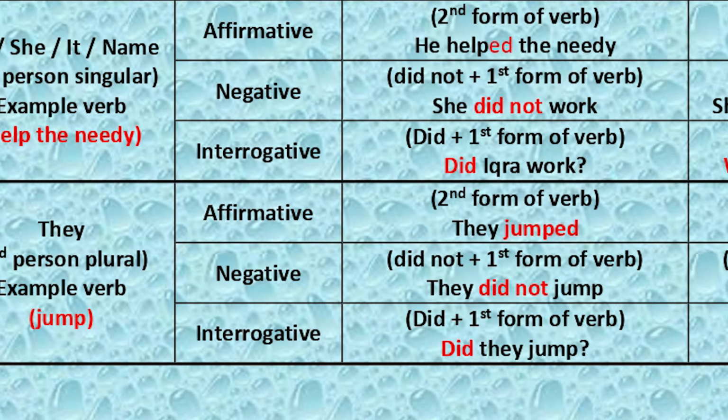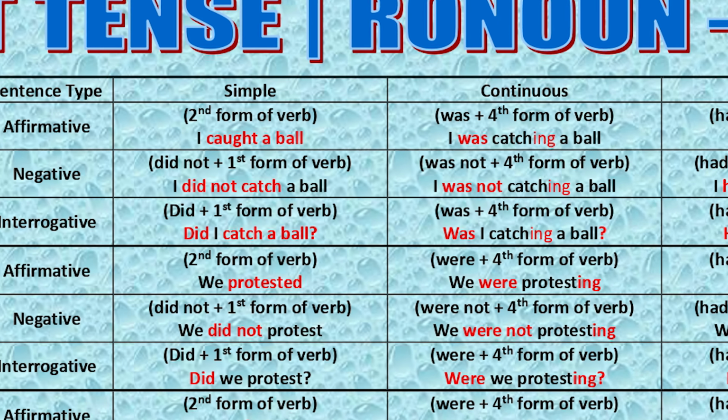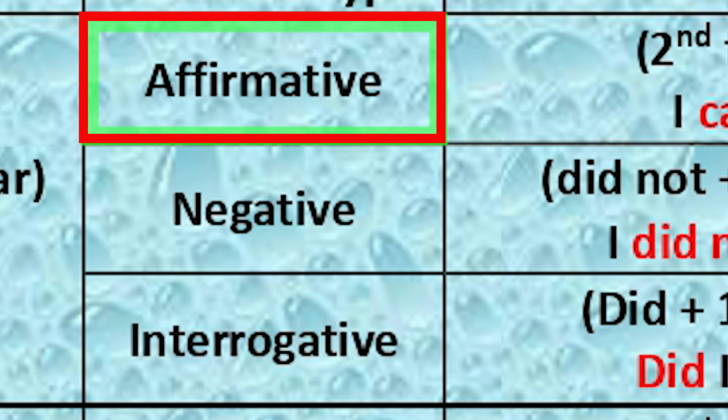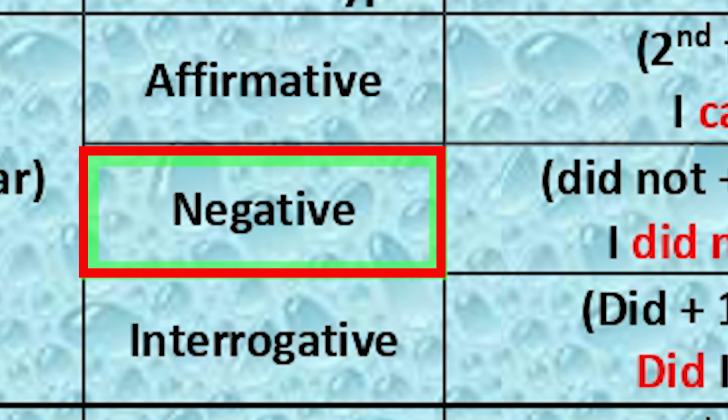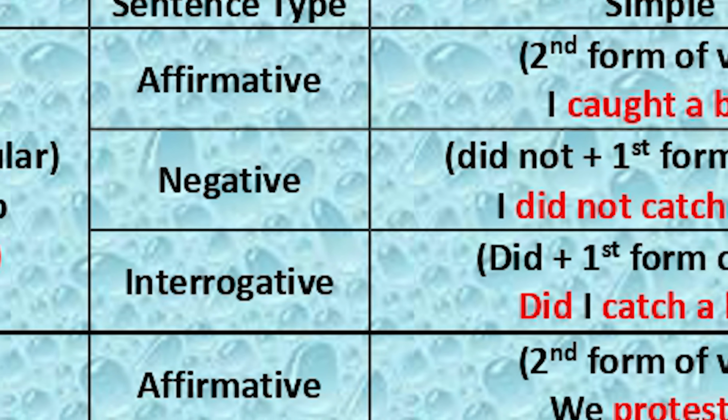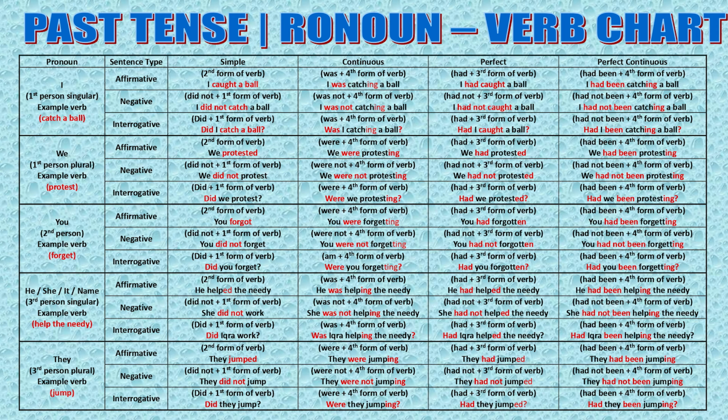My dear students, I will discuss here 3 kinds of sentences: affirmative sentences, negative sentences, and interrogative sentences. And I will show you which form of verb will be used here with pronouns in past tense.